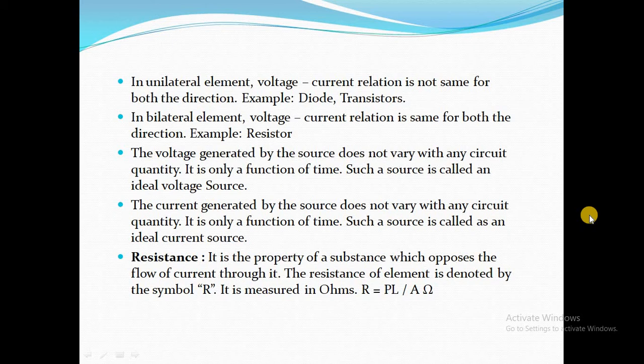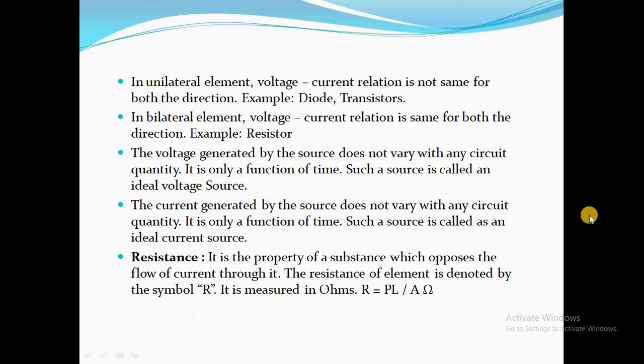Next, the voltage generated by the source does not vary with any circuit quantity. It is only a function of time. Such a source is called an ideal voltage source.